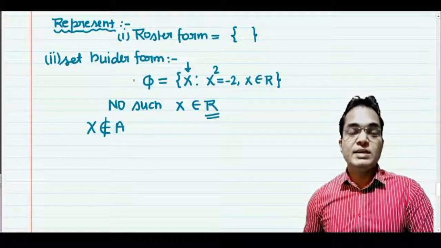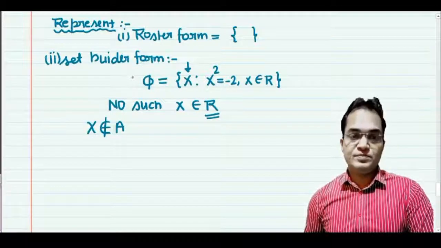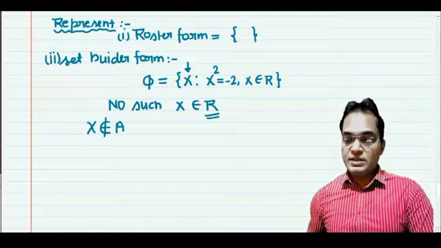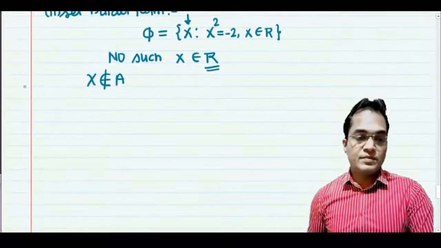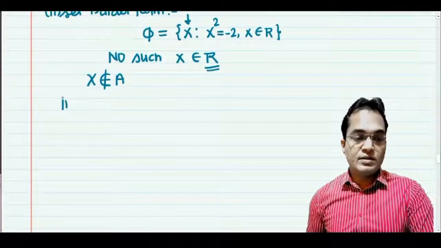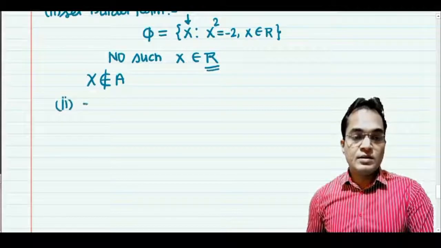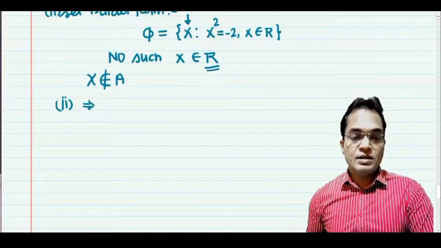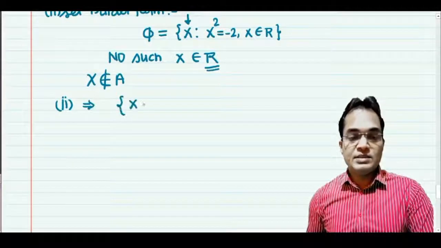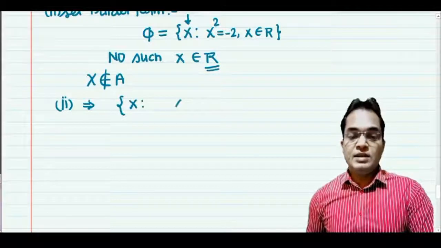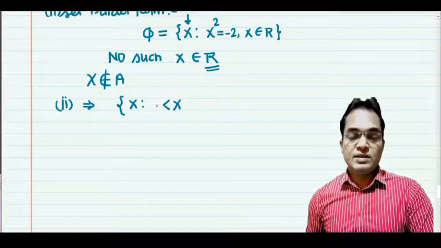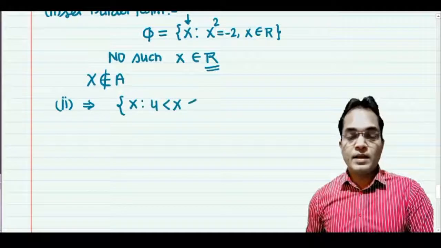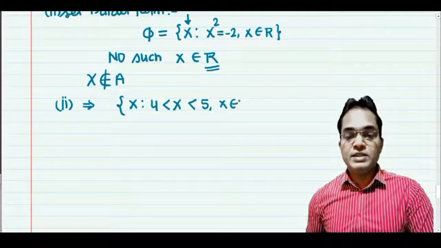That's why it is an example of an empty set. Got it? Now take another example. Second example: {x : 4 < x < 5, x belongs to natural numbers}.